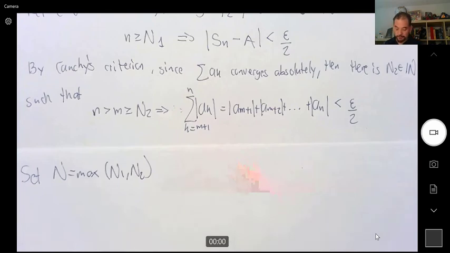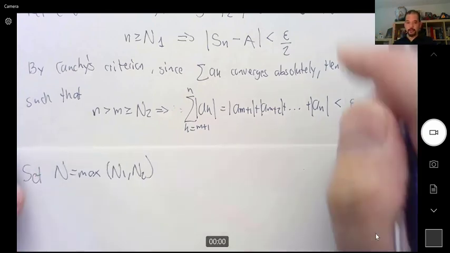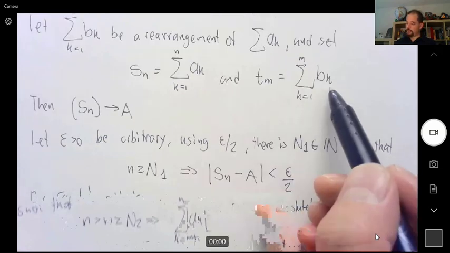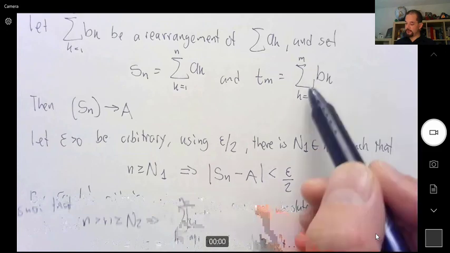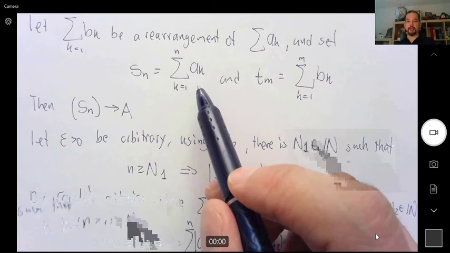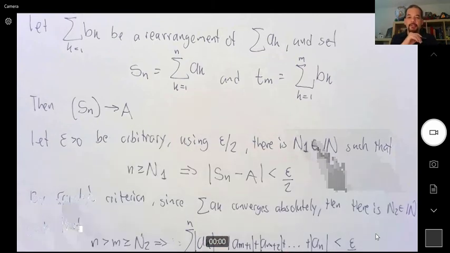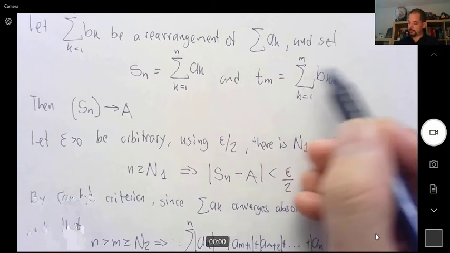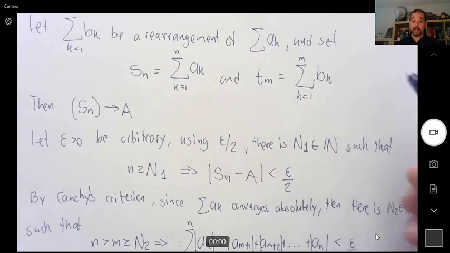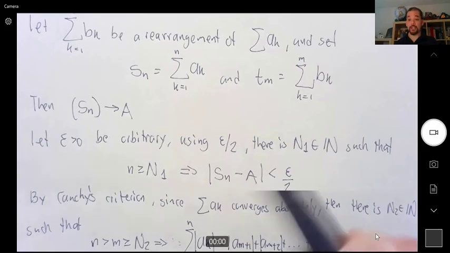If we take a look at the B's, if I go far away in this series, eventually I should include whatever A's you tell me. For example, you want to include A2, A7, and A14. I just keep adding and adding terms till I have A2, A7, and A14. That should happen at some point because it's a bijection.